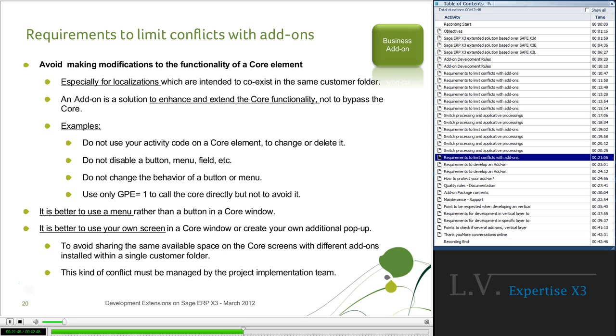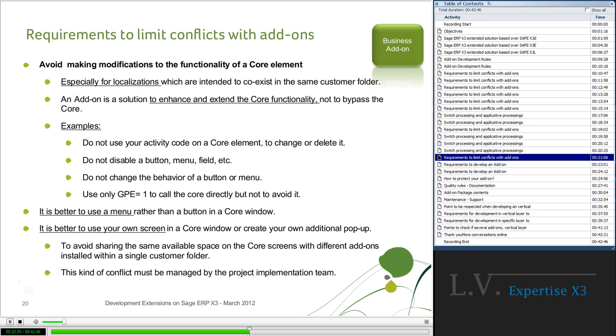An add-on is a solution to enhance and extend the core functionality and not to bypass the core. For example, do not use the activity code on the core element to change or delete it. Do not disable a button, menu, or field. Do not change the behavior of a button or menu. Another example, use only GPE equal 1 to call the core directly, but not to avoid it.